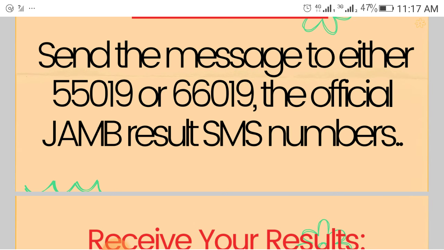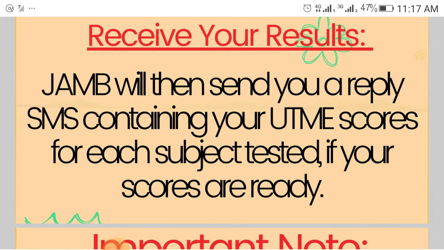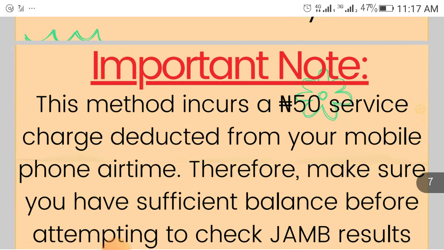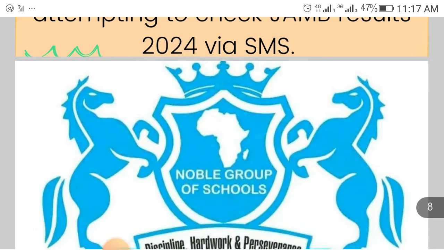So when you type result and your reg number, you can send it as a text message to 55019, or send it as a text message to 66019. Immediately you send it, JAMB will send you your JAMB result, your UTME scores. But remember, you must have up to 15 naira in your account. They will charge you 15 naira SMS charge.